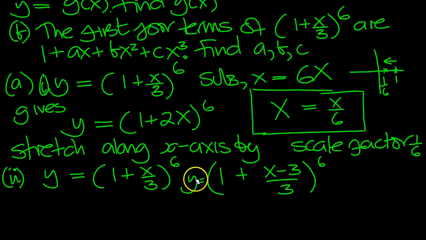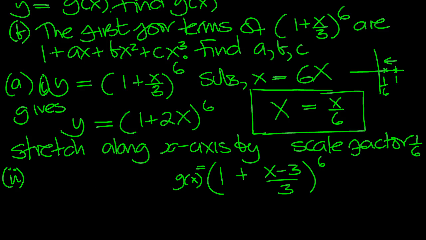So let's just write that down then. G of x is equal to that. So we've just replaced it. So here, g of x is equal to this thing here, isn't it? So we need to just tidy it up.